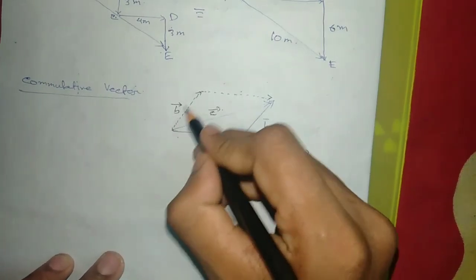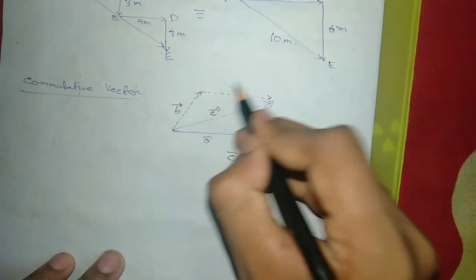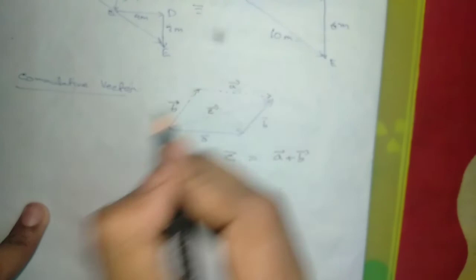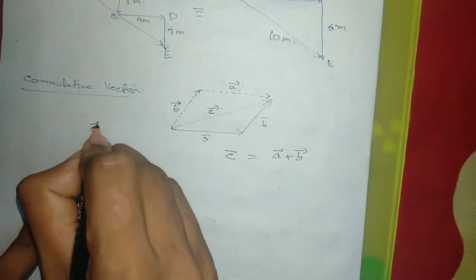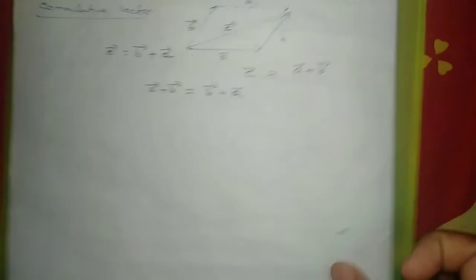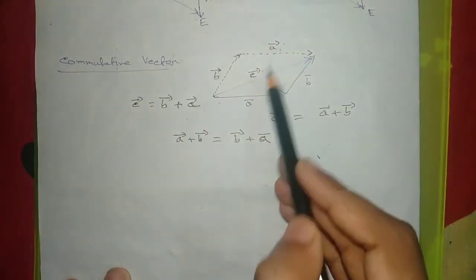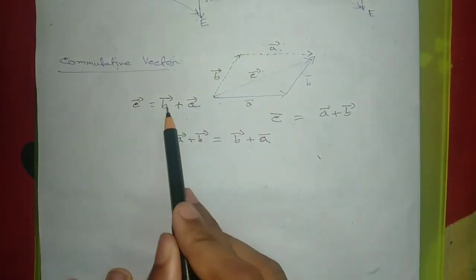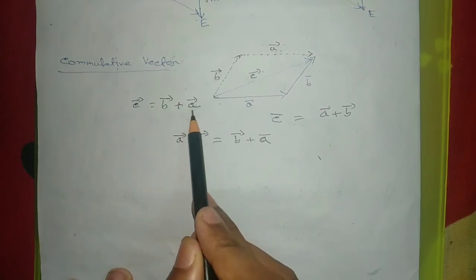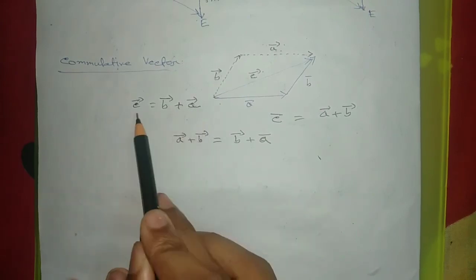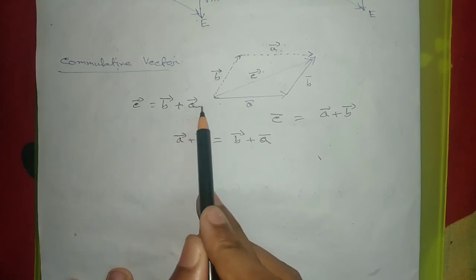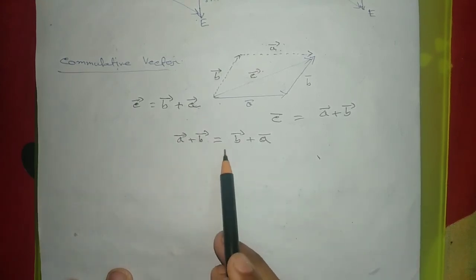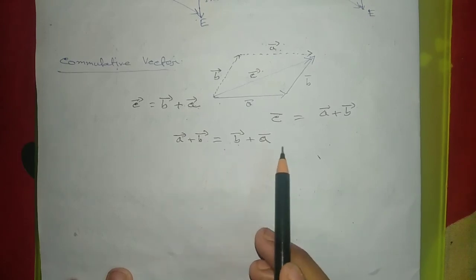Again we can see that this is B vector and this is A vector. From here C vector means B vector plus A vector. So C vector equals B vector plus A vector. So we can say A vector plus B vector equals B vector plus A vector.